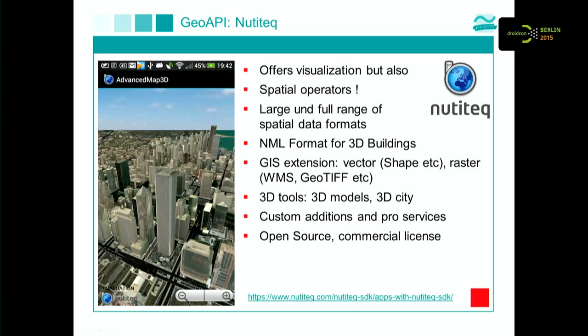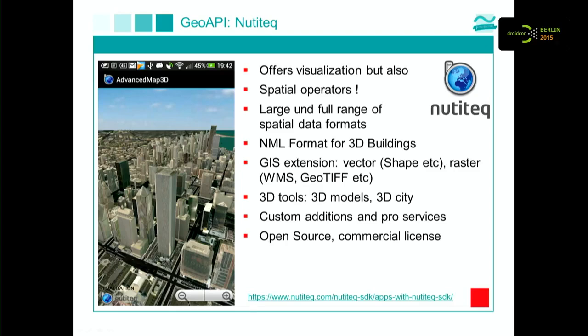It has an own NML format, which is a bit of an advanced KML for 3D buildings. You can do really GIS extensions like with vector data and other things like service WMS, web mapping services. A lot of 3D tools, 3D models, 3D cities.